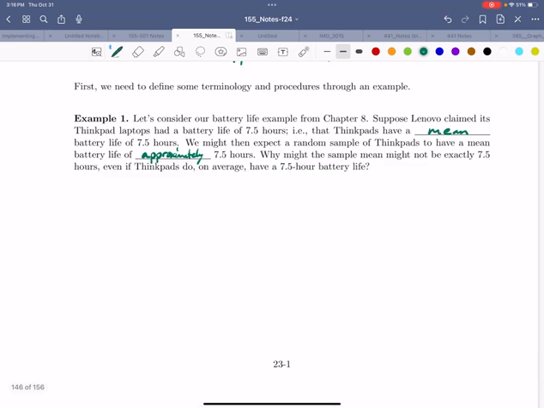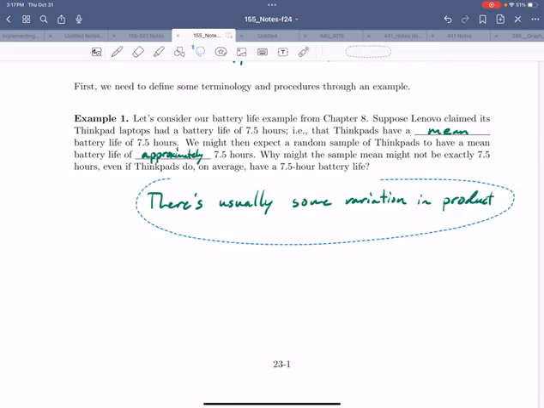Why might it not be exact? Well, just because stuff varies. Maybe one battery was made a little bit better than the other. There's just always going to be variation. There's usually some variation in product quality.